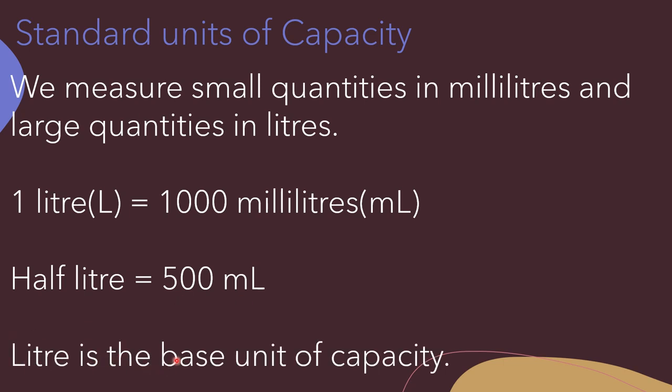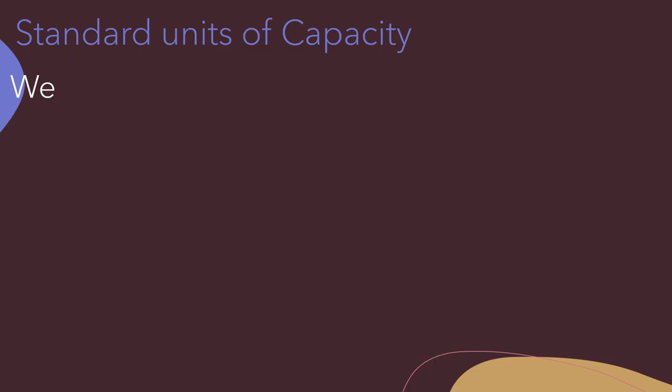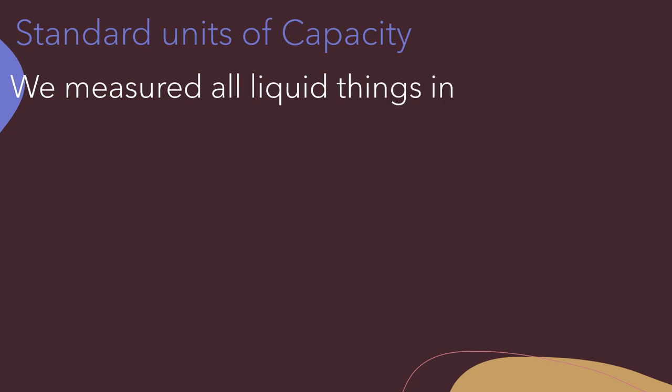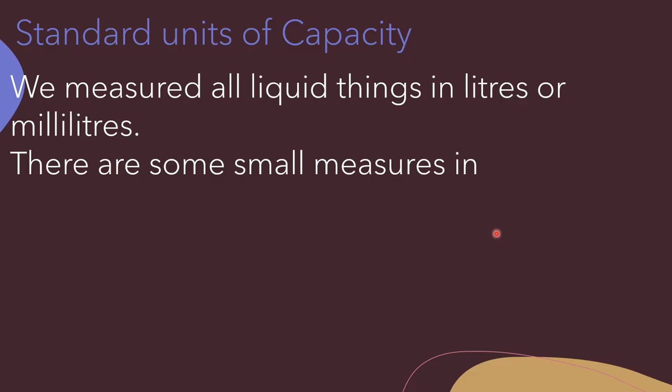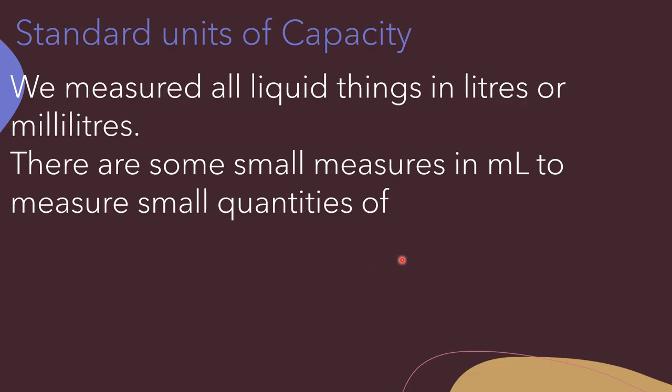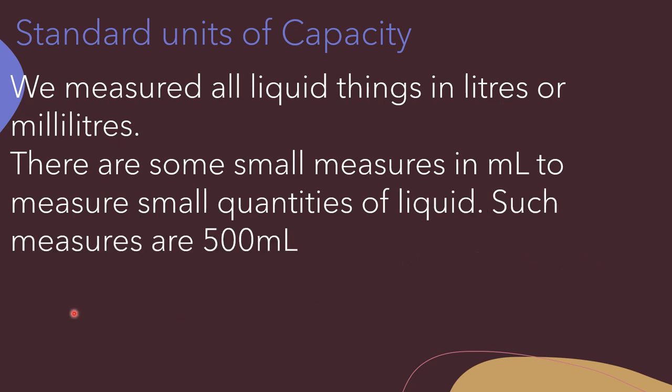Liter is the base unit of capacity. Liter is our base unit of capacity. Okay beta, we measure all liquid things in liters and milliliters, so you have to always remember it. There are some small measures in milliliters to measure small quantities of liquid. Such measures are 500 milliliters, 200 milliliters, 100 milliliters or 50 milliliters.